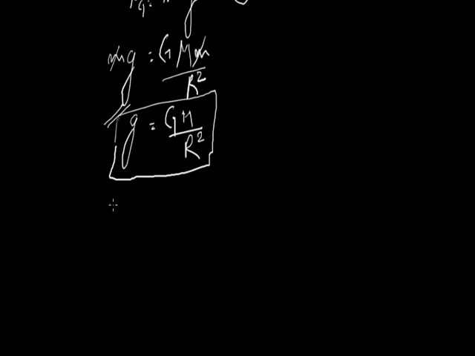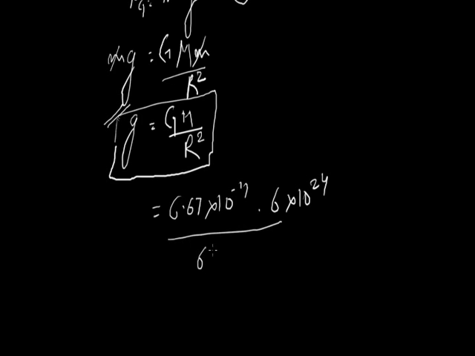Now, we can also calculate the magnitude of this acceleration due to gravity by placing the values. G will be 6.67 into 10 raised to the power minus 11 Newton meter square per kg square, and the mass of Earth will be considered as 6 into 10 raised to the power 24 kg.